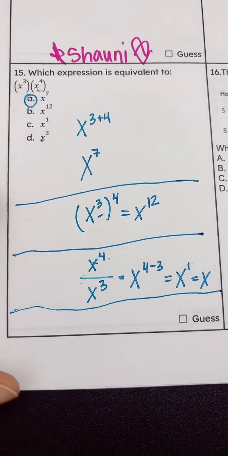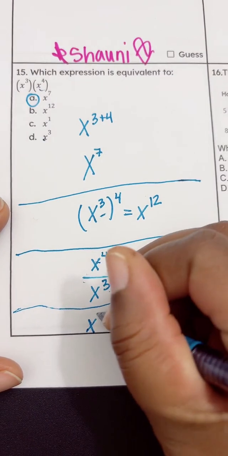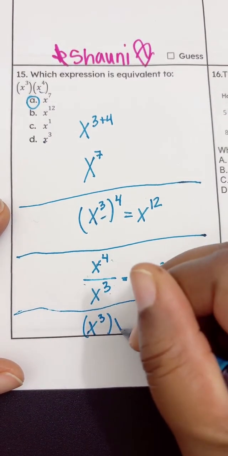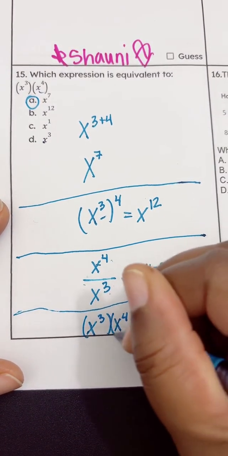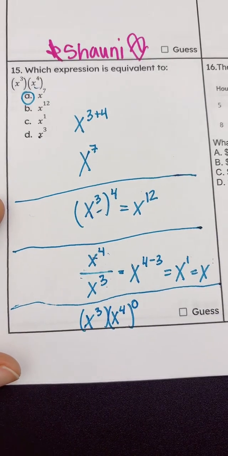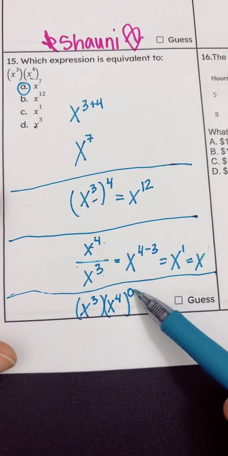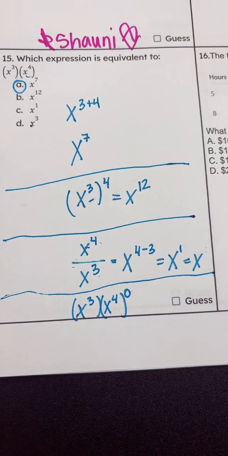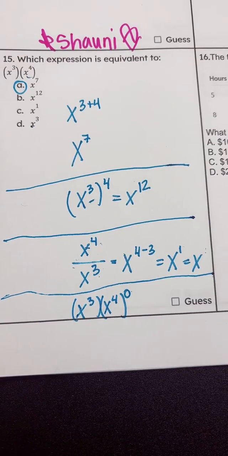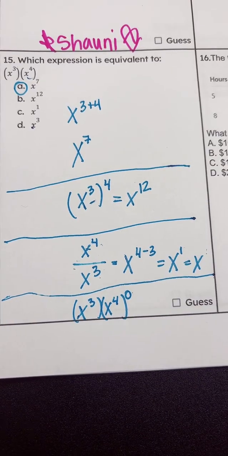No? Okay, this is what I would do to it. I would say x to the third times x to the fourth to the 0 power. Well, what's anything to the 0 power go to? Do we remember? One.